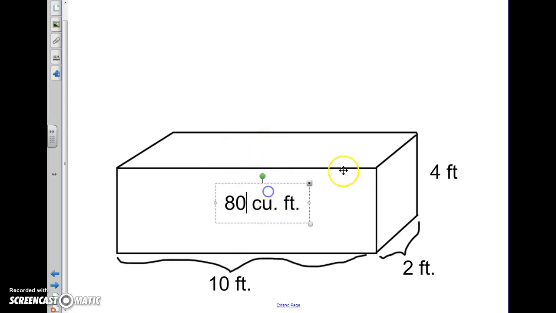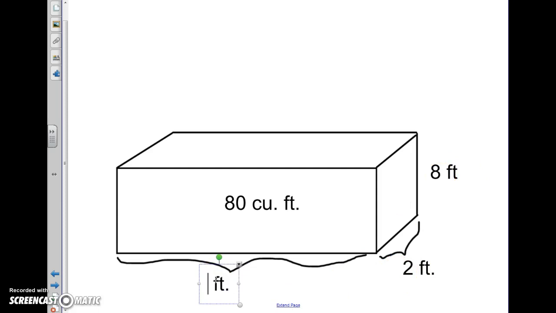So again, if we want to find half the volume of a rectangular prism, we only need to half one of the dimensions. Again, it doesn't matter which dimension we half. If I had kept the height at 8, but I halved the length, and this is going to look weird, but just number-wise, 5 times 2 would be 10. 10 times 8 would be 80.